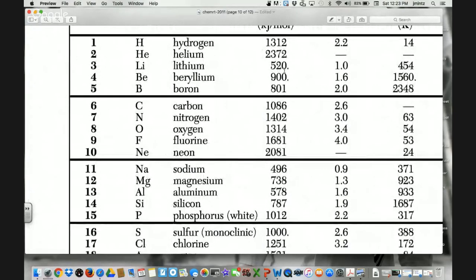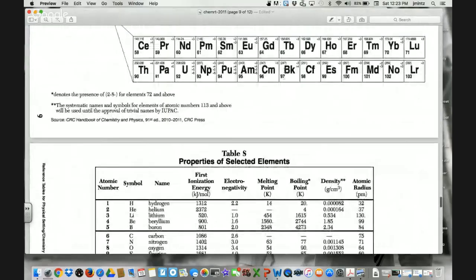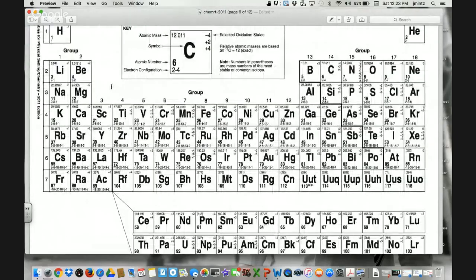So an easy way to remember the trend, or to look up the trend, is to look up values. If they ask you about going across a row, what you can do is you can go across the row. Hold on, my phone is ringing, I'm sorry. If we go across the row, so here's lithium and we go across to fluorine, if they ask you what is the trend of ionization energy going across period 2 from left to right, you can just look up lithium's value and look up fluorine's value.